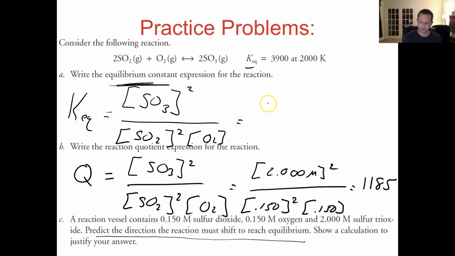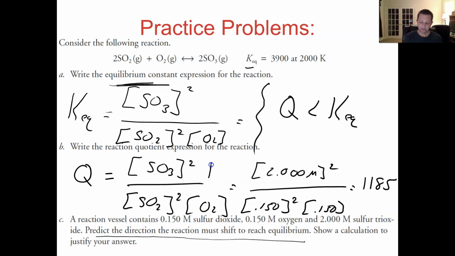Predict the direction the reaction must shift to reach equilibrium. We have our Q value of 1185, KEQ is 3,900, so Q is less than KEQ in this situation. Way less. What does that mean? If Q is less than KEQ, we need to take this ratio and make it bigger.